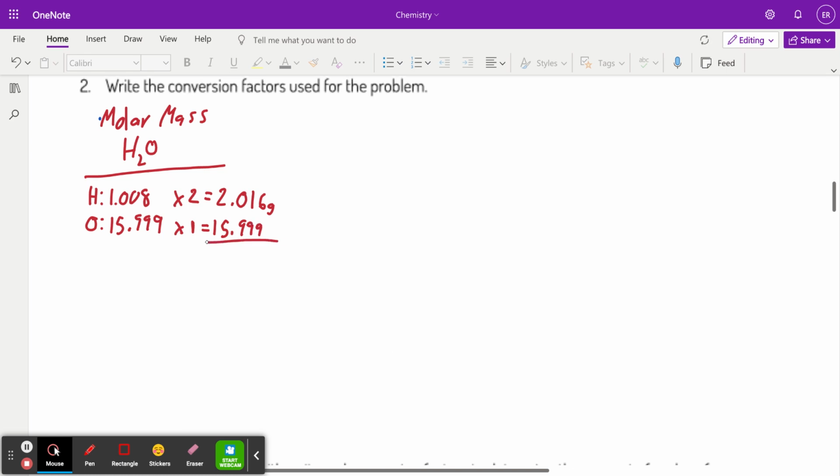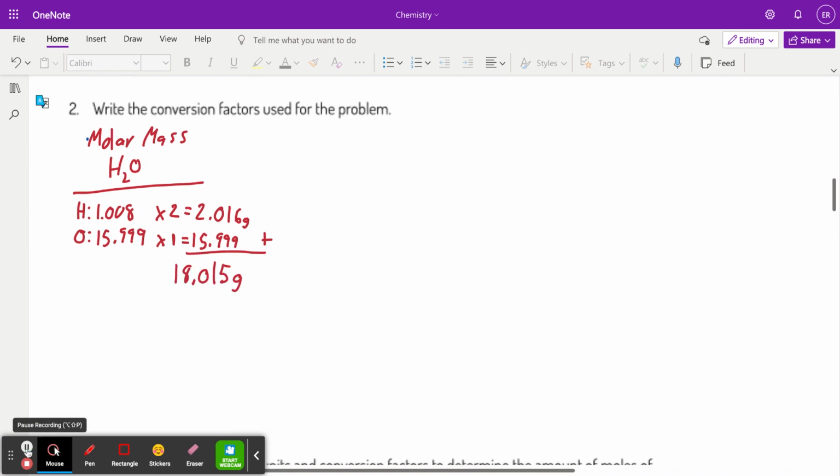We add that all together and we get 18.015 grams. And again, molar mass means that it equals 1 mole of H2O. That's the definition of molar mass. So this is our molar mass conversion factor. Now we have to find the second one.